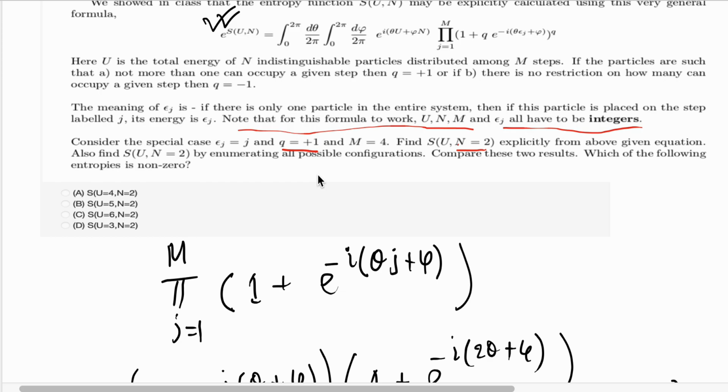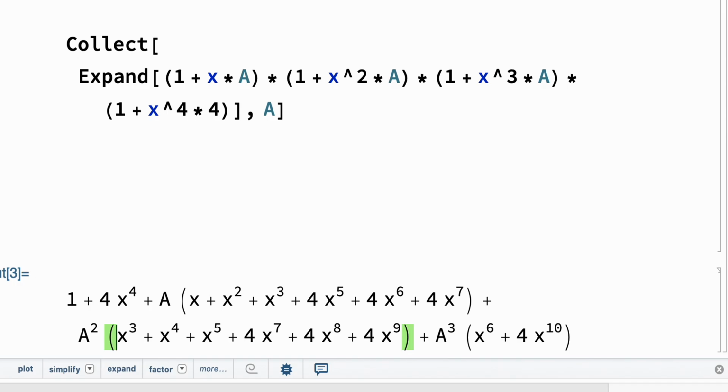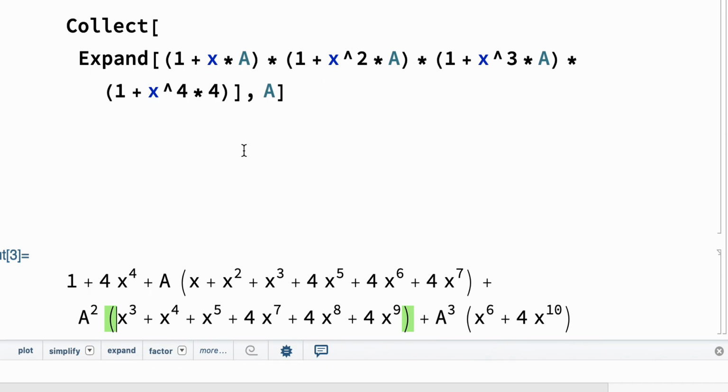Okay, 6 2, and is it correct? U6 and 2. Okay, non-zero. I think it is not correct.